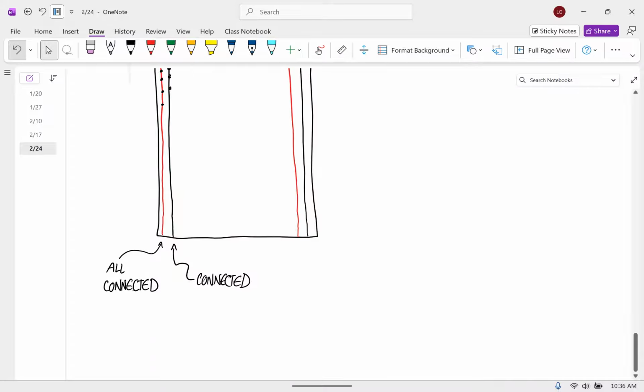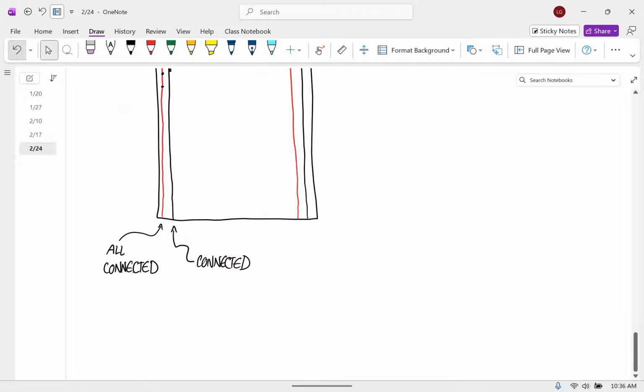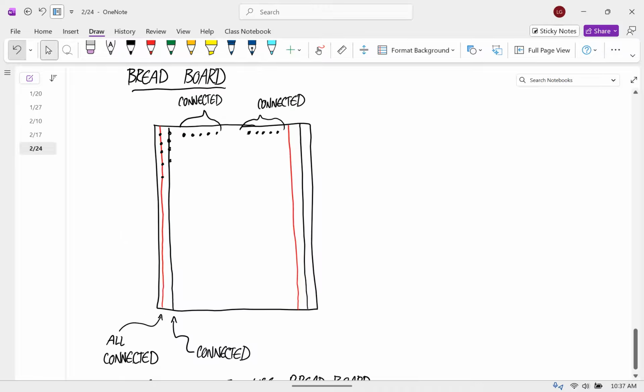So if you wanted to use the breadboard to recreate the circuit that we just, yes? Are the red lines connected to each other? Yeah. On both sides? Both sides, yep, that's right.